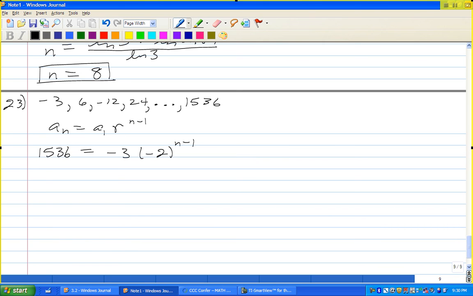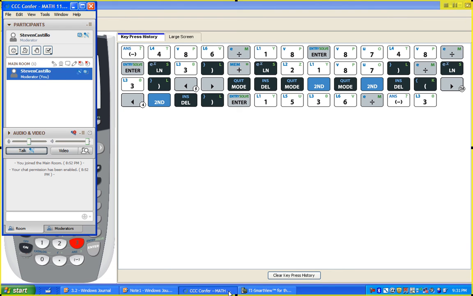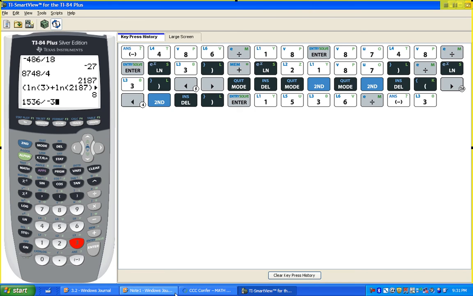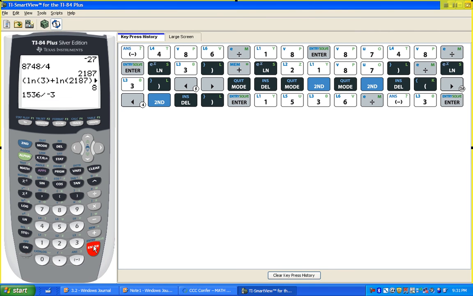So let's divide both sides of my equation by negative 3. So 1536 divided by 3, oops, is negative 512.